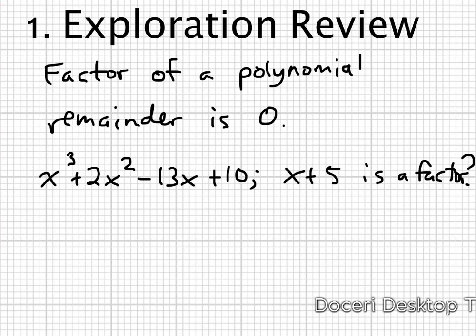Now because we're doing synthetic division, I take the opposite of my a value. So the opposite of positive 5 would be negative 5. And that goes in my little box. Next, I write the coefficients for each of my terms in my polynomial function, or equation. So I have 1, 2, negative 13, and 10.